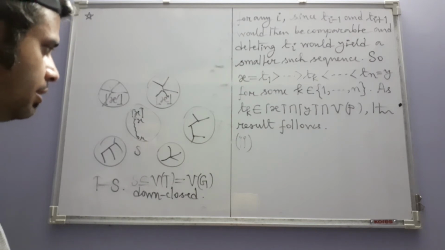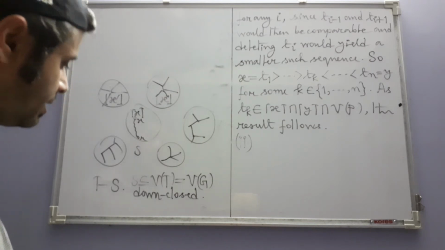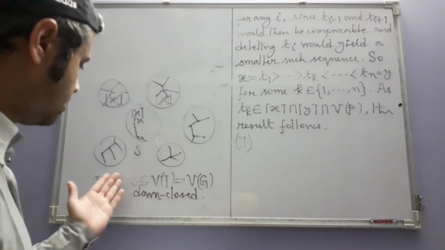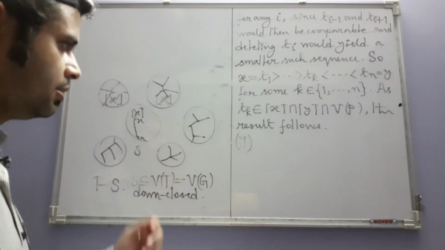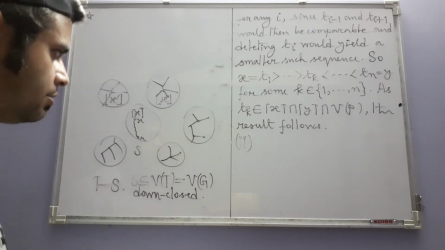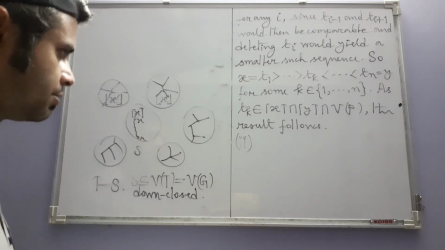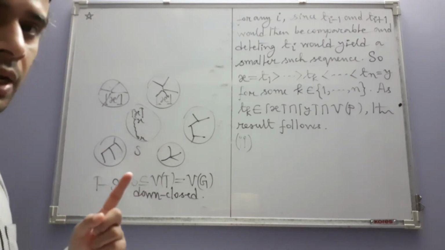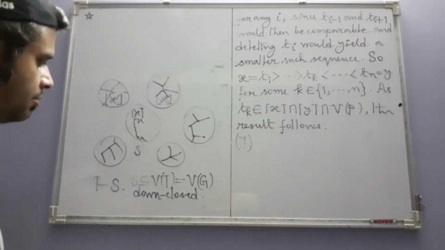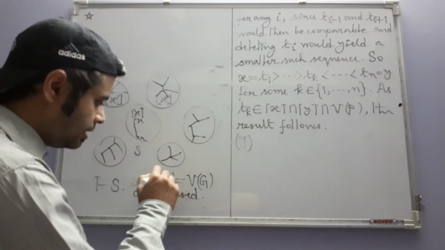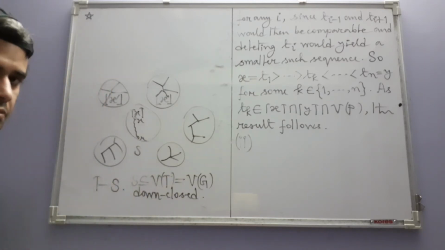If S is empty, then what is the result saying? Then removal of S from G does nothing. We have G itself, and in G we have how many components? Only one component. Do you see why? Because T is a spanning tree.